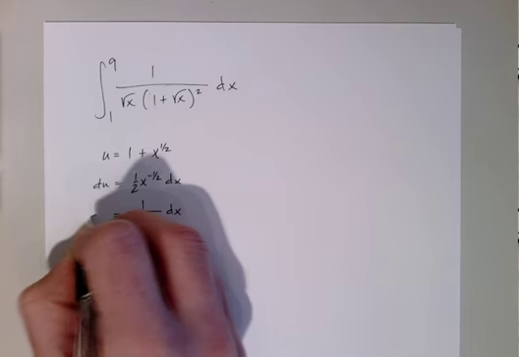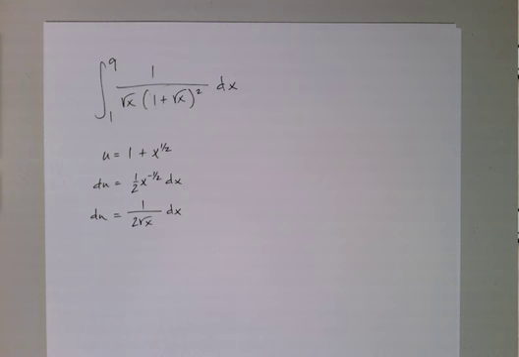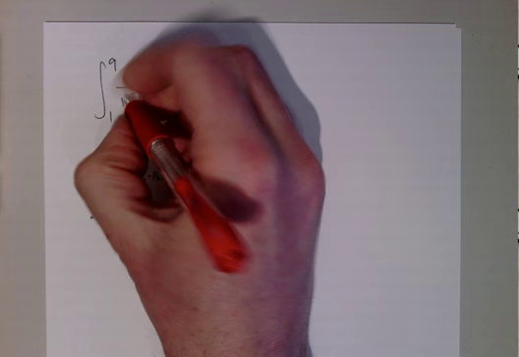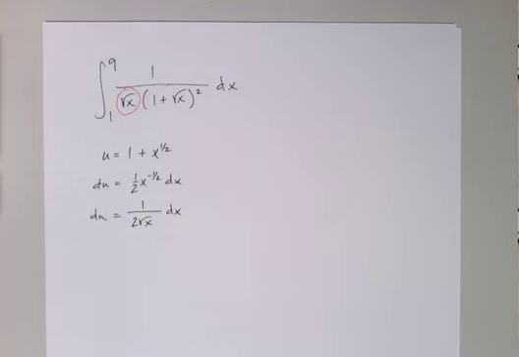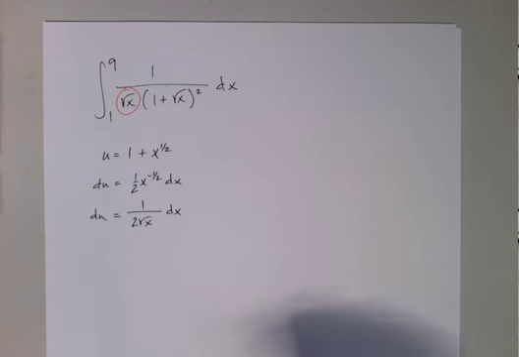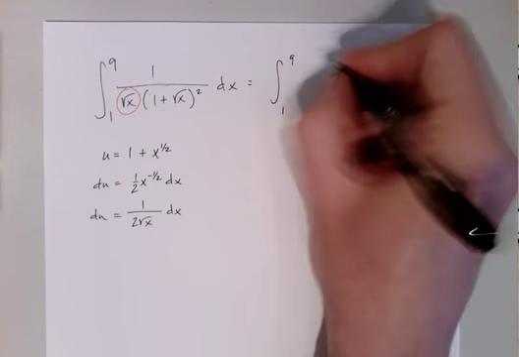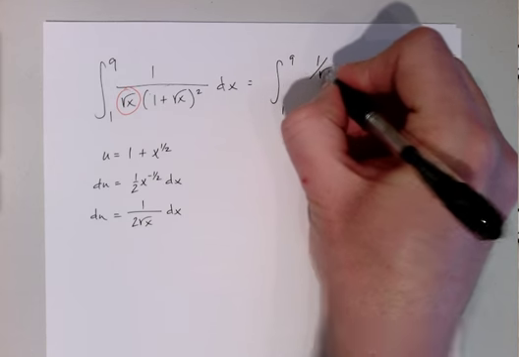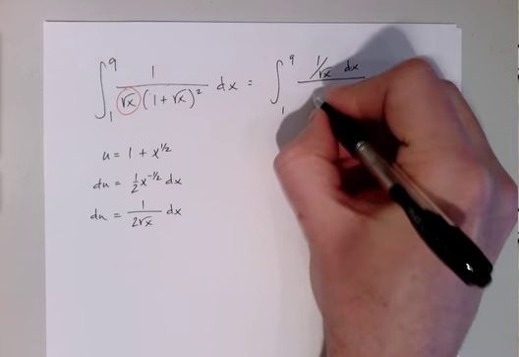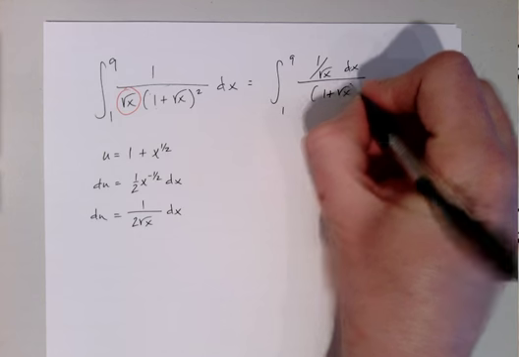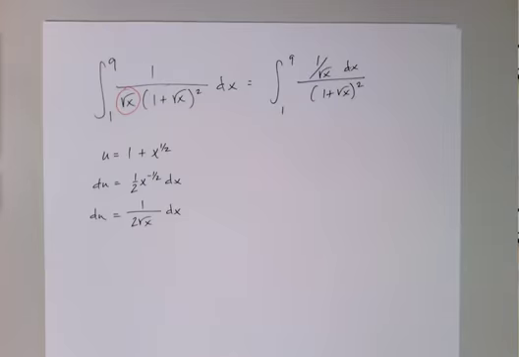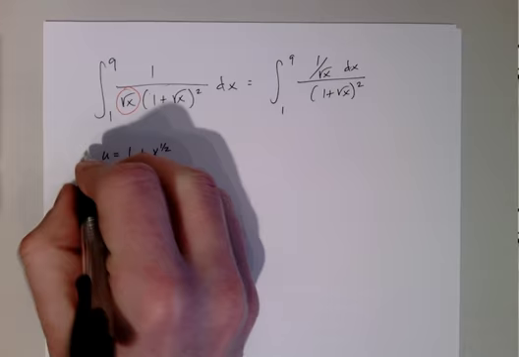Now the reason why I wrote it like that is to make sense out of why this thing looks out of place. It looks out of place right now because it kind of is, okay? If I were to rewrite that as 1 over root x dx, 1 plus root x squared, it would look a little bit easier and you wouldn't have had such a hard time glancing at it.